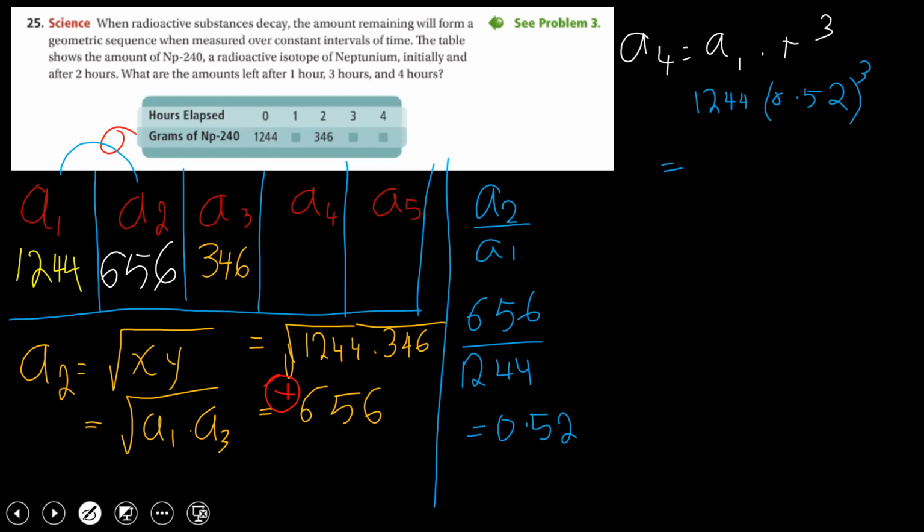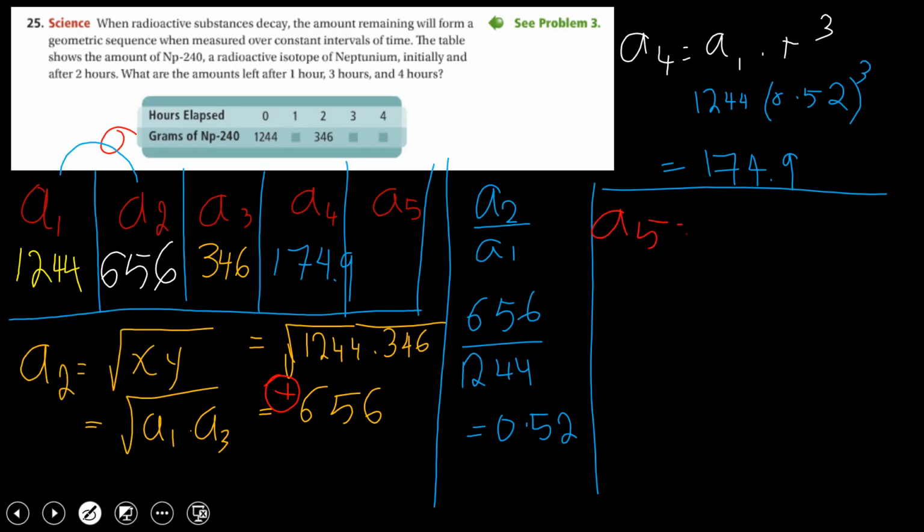So r here is 0.52 raised to the power 3. Then a sub 4 will be 174.9 grams. And also, if I want now to find a sub 5, I will say it is a sub 1 times r raised to the power 4.